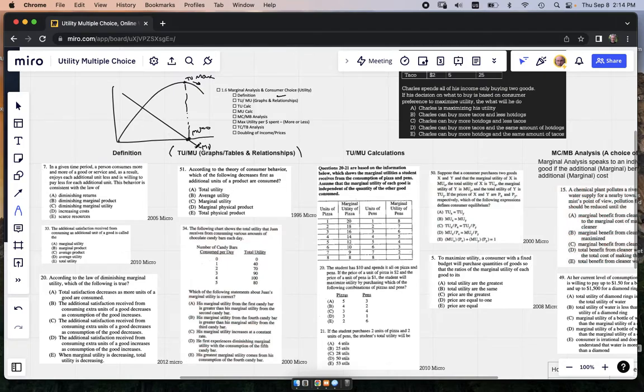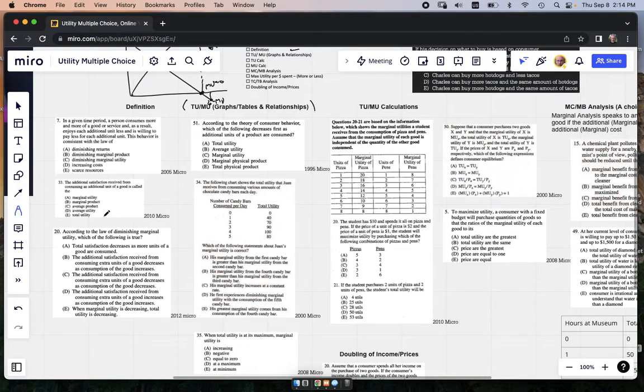If I was to consume that 6th taco, my marginal utility would be negative, and that's why it's pulling down your total utility. You should be able to draw and describe this graph. It will help you in a lot of these questions anyway. These relationships just have to be known. All right, let's jump into these and see if we can make sense of this.